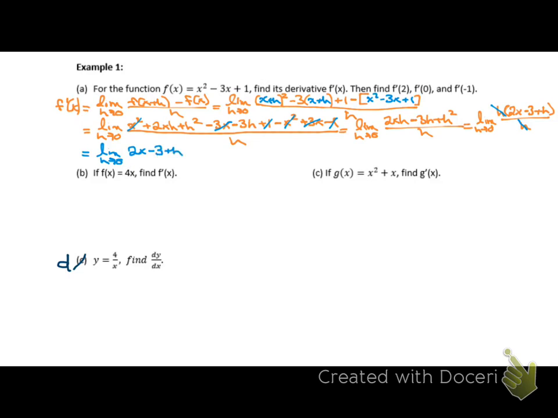Now we know that when you find the limit, you're plugging in the value h is approaching. So if I plug in 0 for h, I just end up with 2x minus 3.